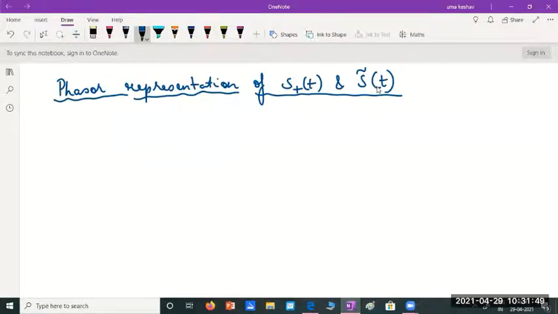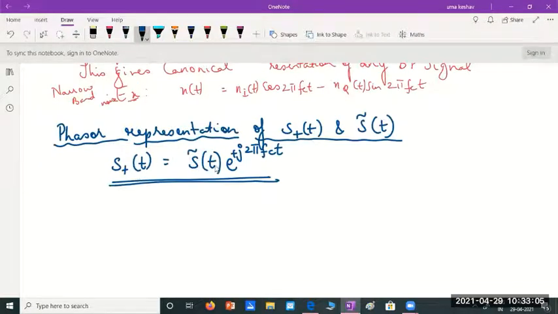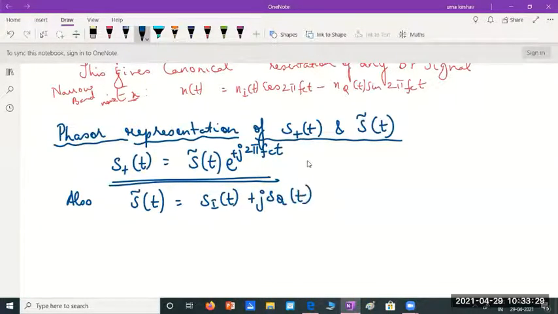What is the relation between s plus of t and s tilde of t? s plus of t should be s tilde of t into e power j2 pi fct. Also, what is s tilde of t in terms of its in-phase and quadrature-phase components? I can write it as s_I of t plus j times s_Q of t.